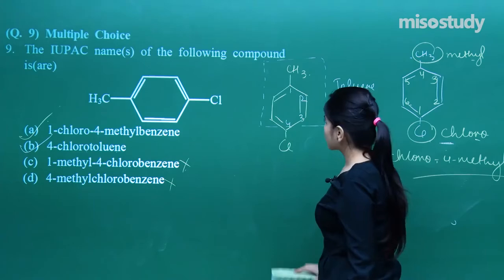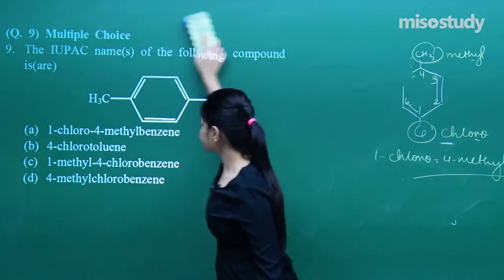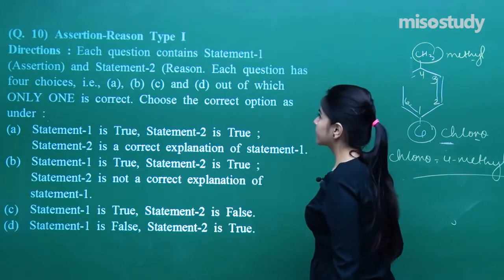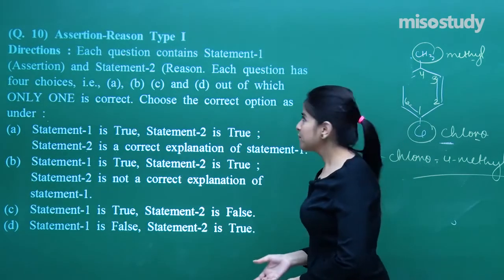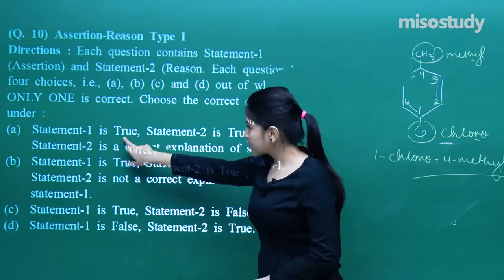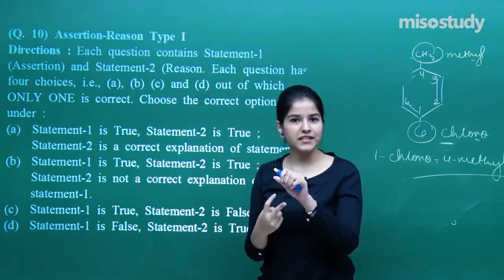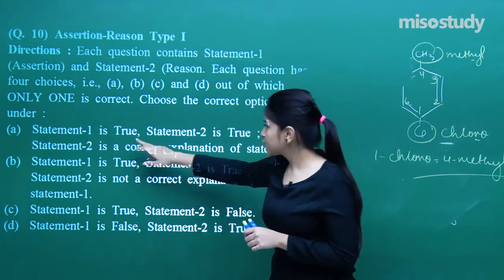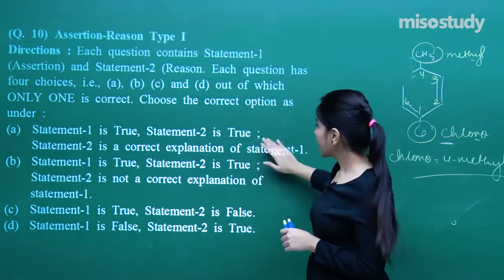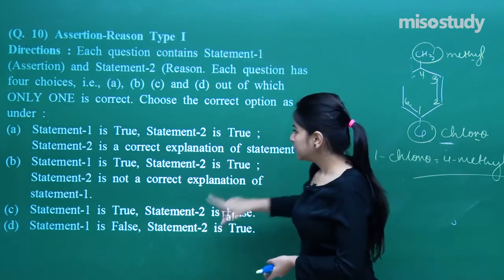Let us now move on to the next and the last question. Assertion reason type, type 1. We all know what type 1 is. You have been given two statements, statement 1 and statement 2. Statement 1 is true, statement 2 is also true, and statement 2 is the correct explanation of statement 1.